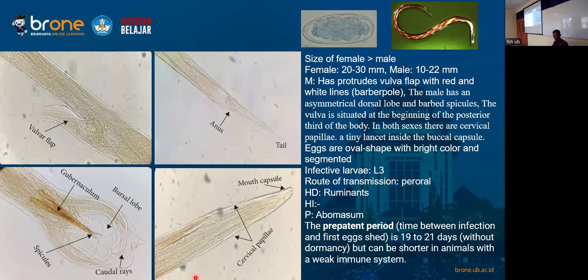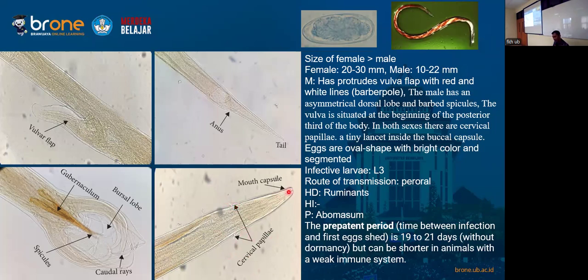Okay, like what I said last week. This one is the cervical papilla. So to identify whether this is Haemonchus or not, we can see at this part they have cervical papillae.